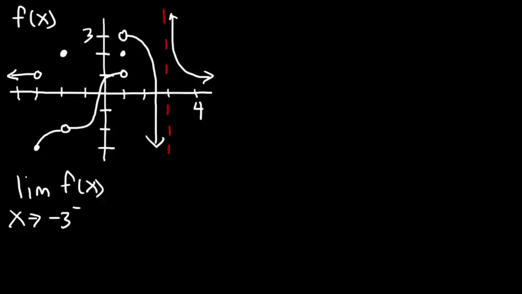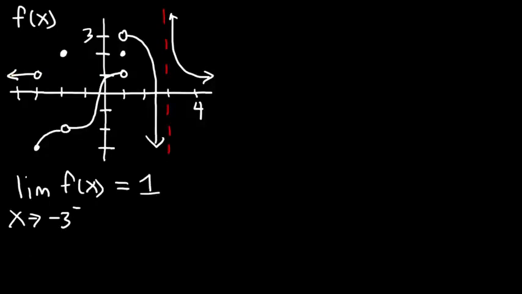First, identify where x is negative 3. X is negative 3 anywhere along that vertical line. Now we want to approach that vertical line from the left side. So you want to follow the curve from the left until you get to that point. Notice that the y value here corresponds to positive 1. So therefore, the limit as x approaches negative 3 from the left side is 1.